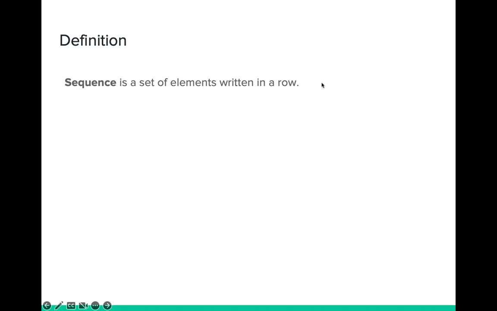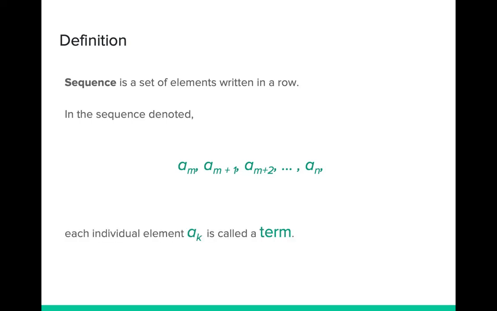So in the sequence denoted as a sub m, a sub m plus 1, a sub m plus 2, and up to a sub n, each of the individual elements a sub k is called a term. So a sub m is a term, a sub m plus 1 is a term, a sub m plus 2 is a term, a sub n is a term.